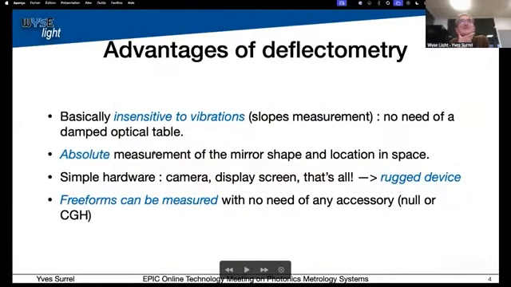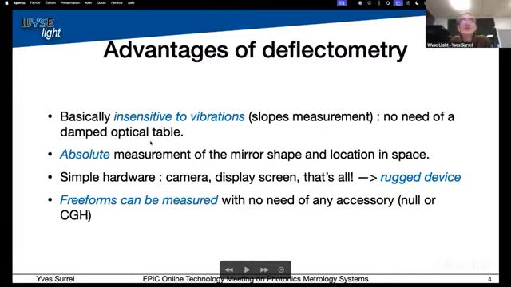The advantage of deflectometry is that it is basically insensitive to vibrations. I will not go into the details, but it's due to the fact that deflectometry is sensitive to slopes, and slopes are not affected by vibrations. So there is no need of any damped optical table.